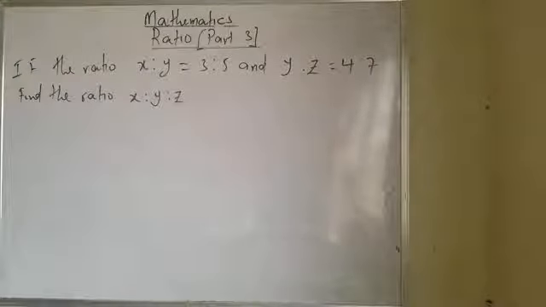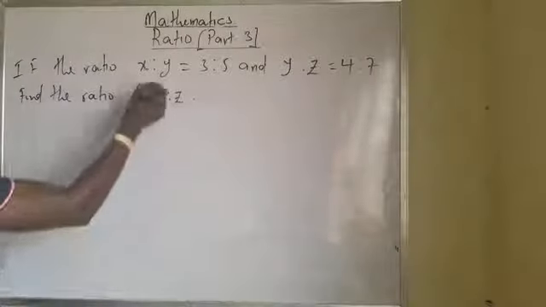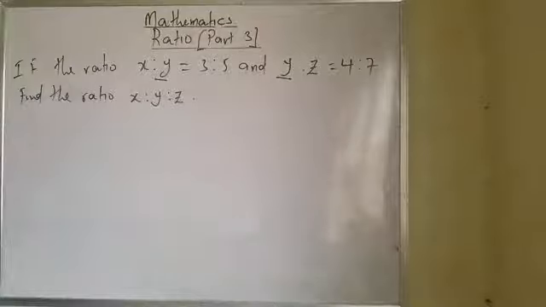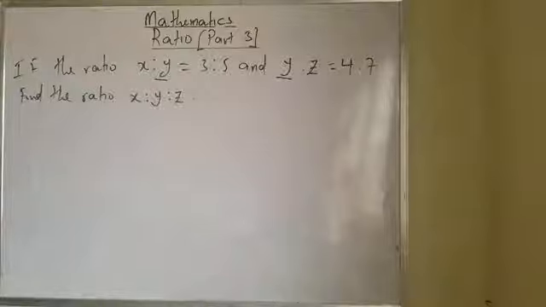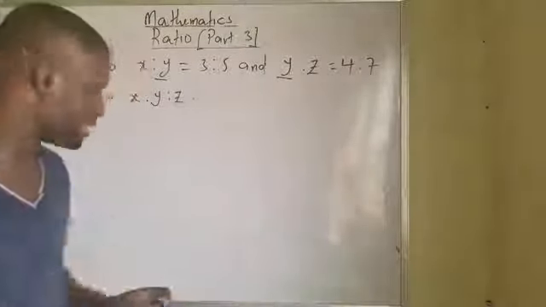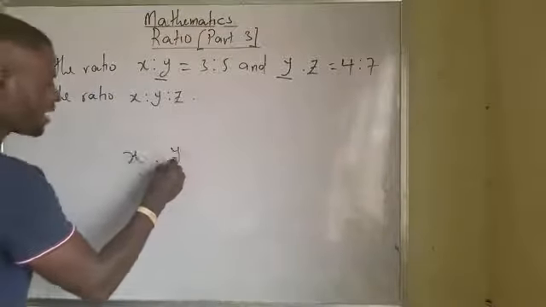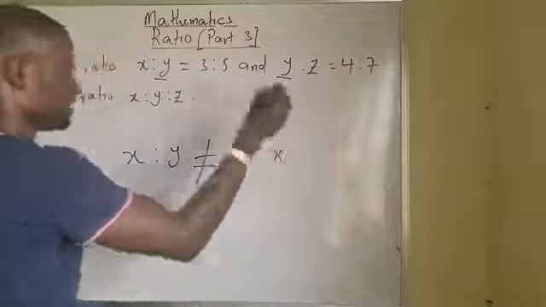This is a question that somebody can ask you in any given exam. When you have this type of question, how will you attempt it? If you are not very smart or you don't understand the concept, notice that there is y in both, and it's only x and z that are standing out. And don't forget, I told you at the beginning when I was introducing ratio, that x ratio y is not the same thing as y ratio x.